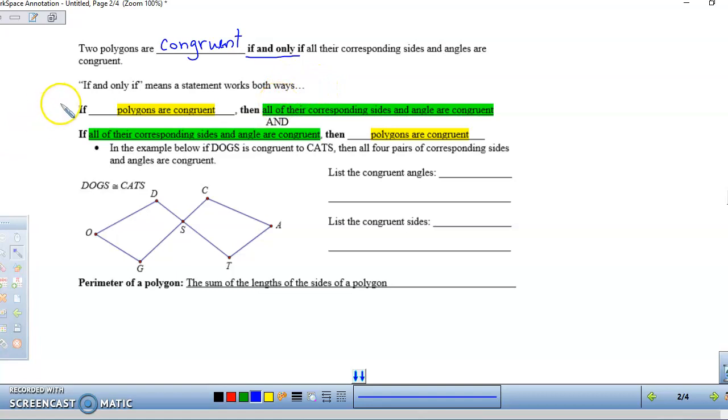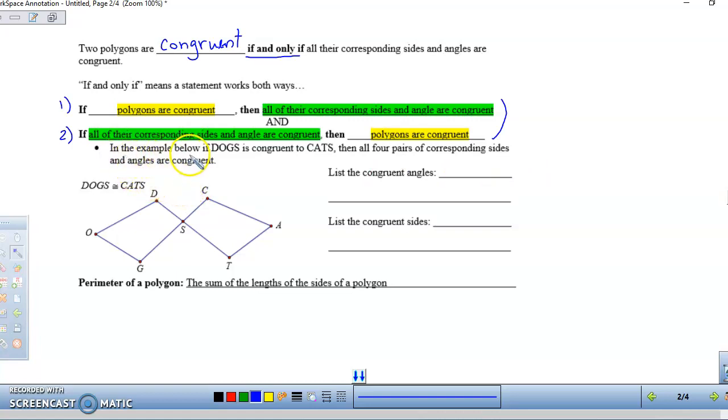So you could have this statement: if polygons are congruent, then all of their corresponding sides and angles are congruent. Or you could also state it the other direction. If all their corresponding sides and angles are congruent, then the polygons are congruent. Definitions are going to work in both directions. Okay, so this is the definition of congruent polygons.